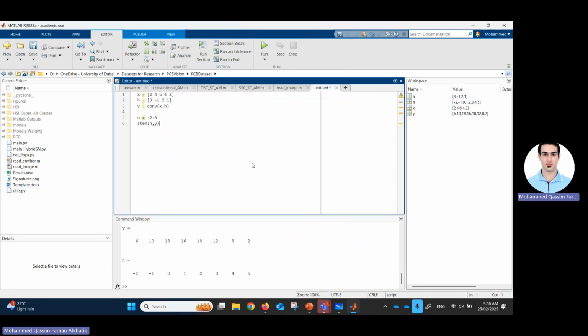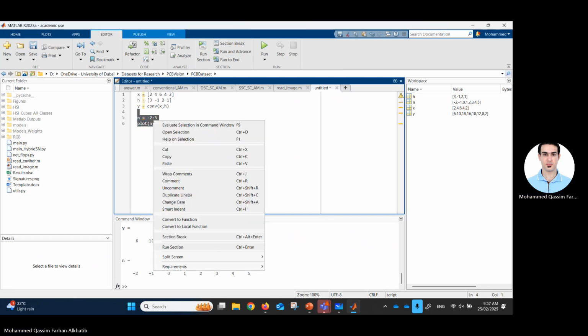So it's pretty straightforward. I'm not sure, have you done that in the class? The stem command? Have you done the lab? Command stem and discrete signals. No stem, just plot. Okay. So basically to draw discrete signals, we use stem, because if I use the command plot here, it will fill the gaps with straight lines, and the signal will no longer look discrete.